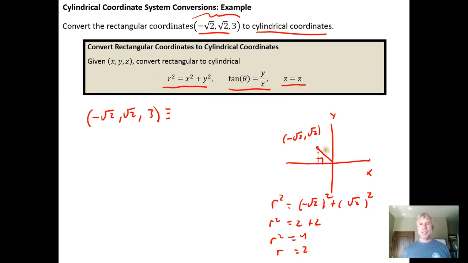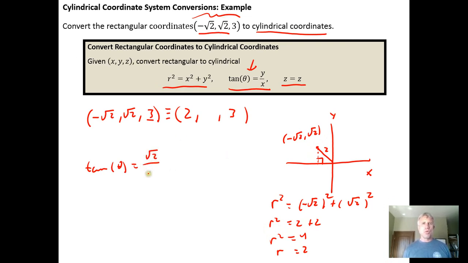So we have a radius of 2 sitting here, so it's going to be radius, comma, now we need to calculate theta. We know that z is going to equal z, so the coordinate z here is still going to be here. We need to get theta. And what we want to recognize is if we're using this relationship, the tangent of theta equals y over x. So in this case the y coordinate is the square root of 2.